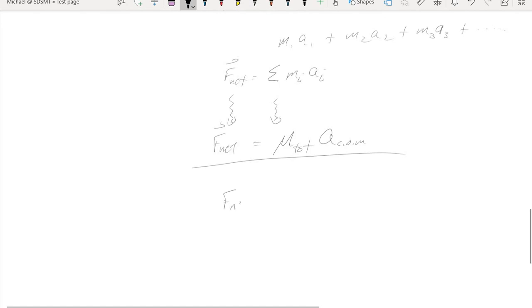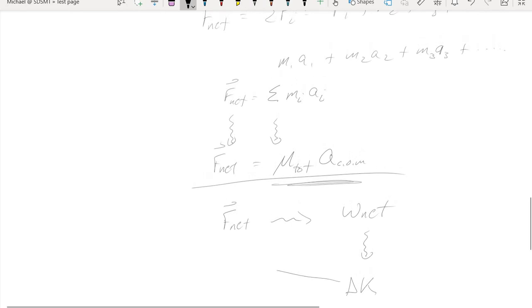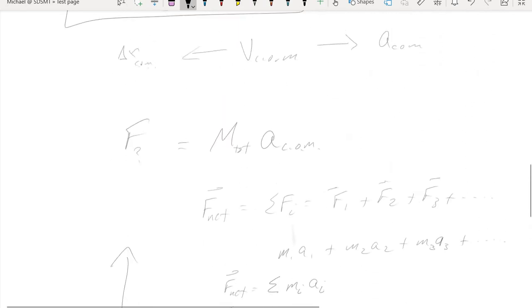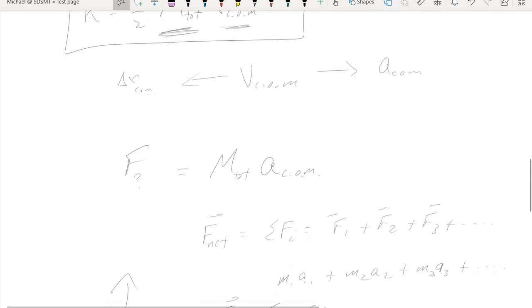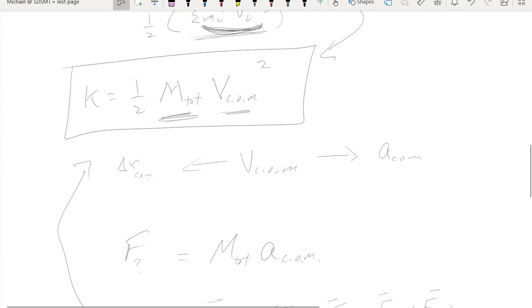Because this means that once the net force is known, we can start doing things like solving for net work, which in turn is responsible for any change in kinetic energy for the system.